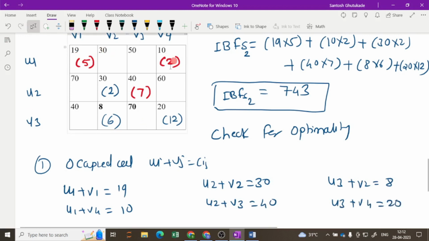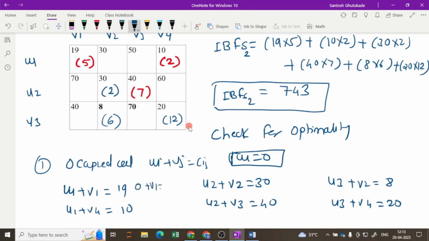So for these occupied cells we have written the equations, and initially we can assume that u1 is equal to 0, or you can assume any value. So suppose u1 is equal to 0, then 0 plus v1 gives v1 equal to 19. Similarly, by the same way you can solve and get the other values.